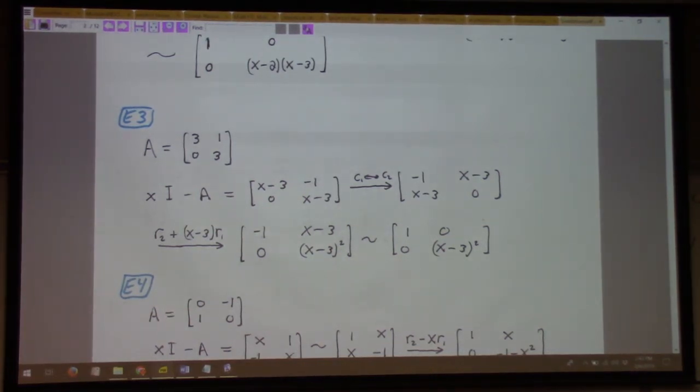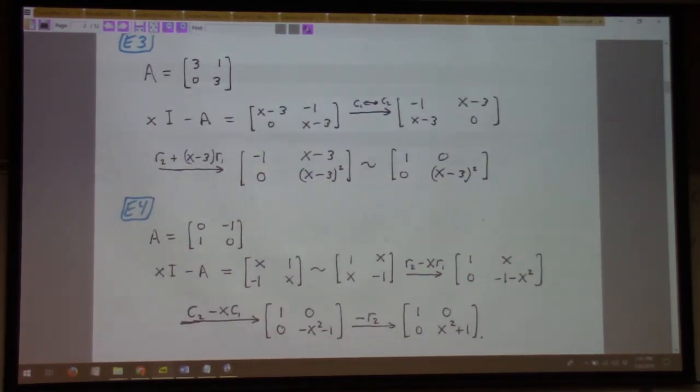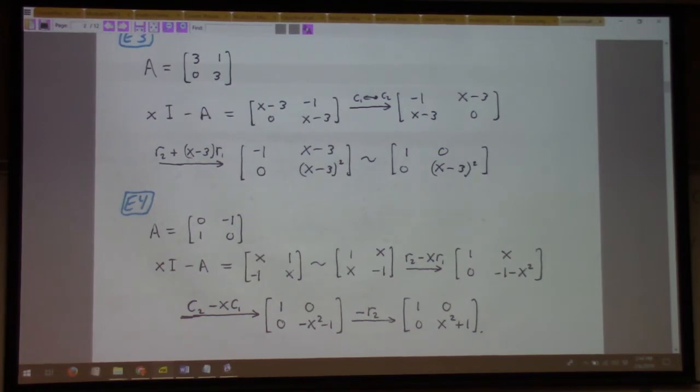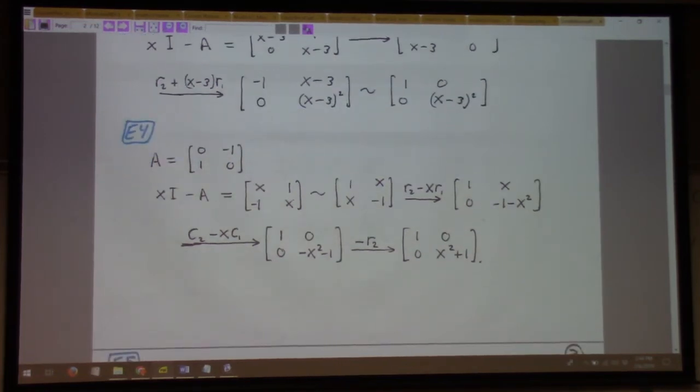The last step would be column 2 is replaced by x minus 3. We're adding x minus 3 times column 1 to column 2. Okay. And then just multiply it by minus 1, to change that to a 1.